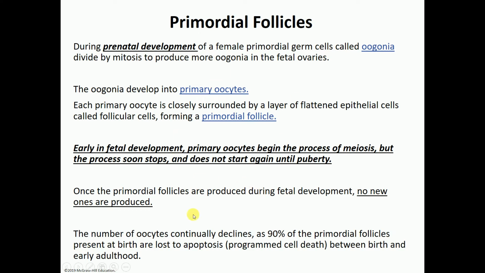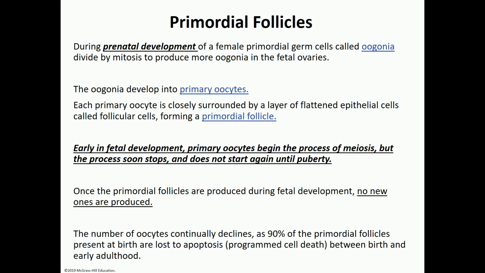So the number of oocytes continuously declines, where about 90% of the primordial follicles that were present at birth are going to be lost due to apoptosis, which is programmed cell death. And that again happens between birth and early adulthood. Now those remaining 10%, that's what she'll be living with for the rest of her life, and those are the ones that are going to mature and become eggs.